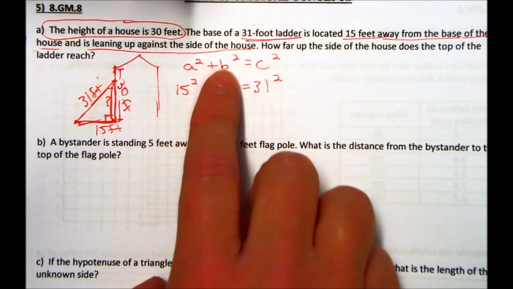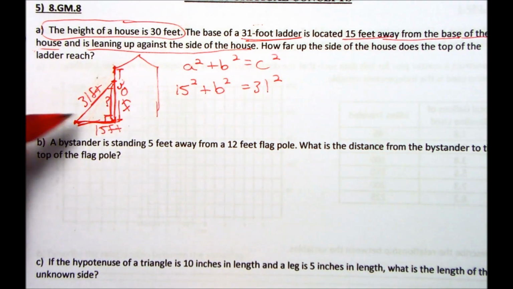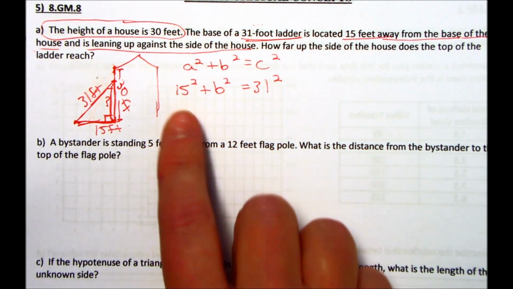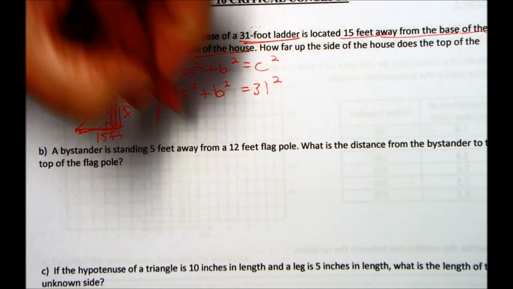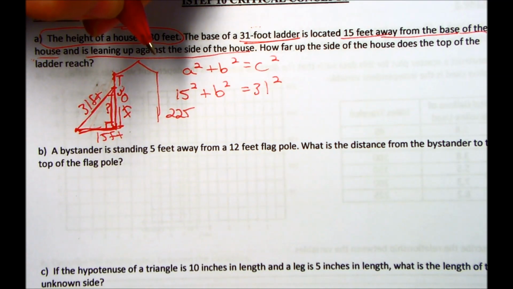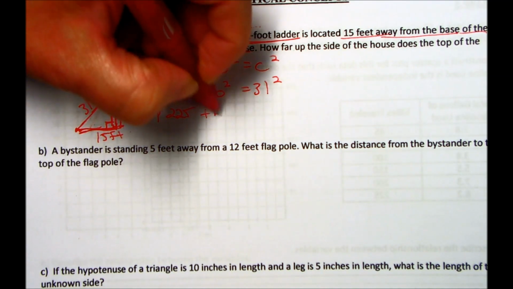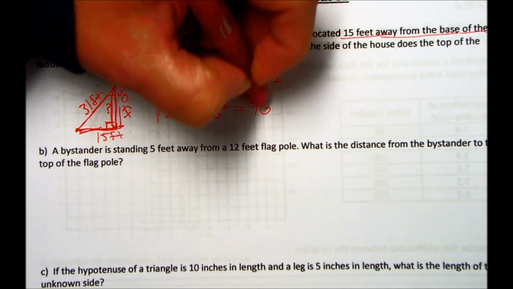It doesn't really matter whether you plug it in for a or b. And I'm going to say that the side I'm trying to find is b. So we take 15 squared, which is 225, plus b squared equals 31 squared, which is 961.